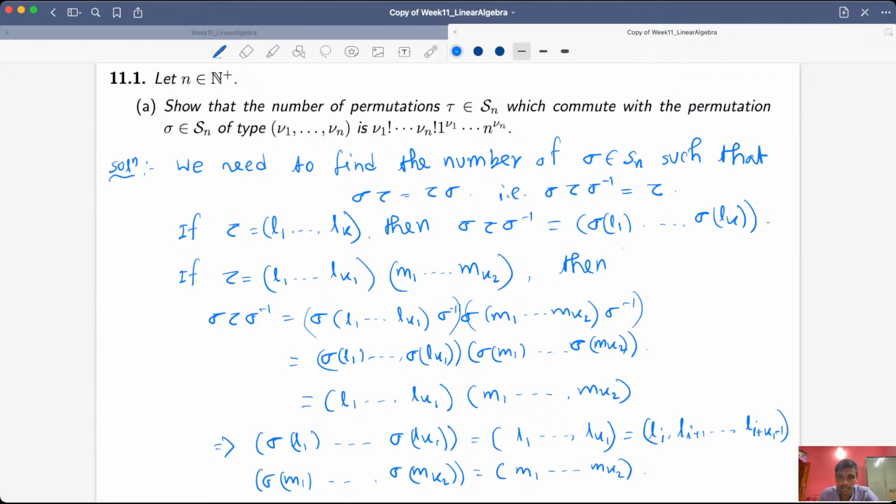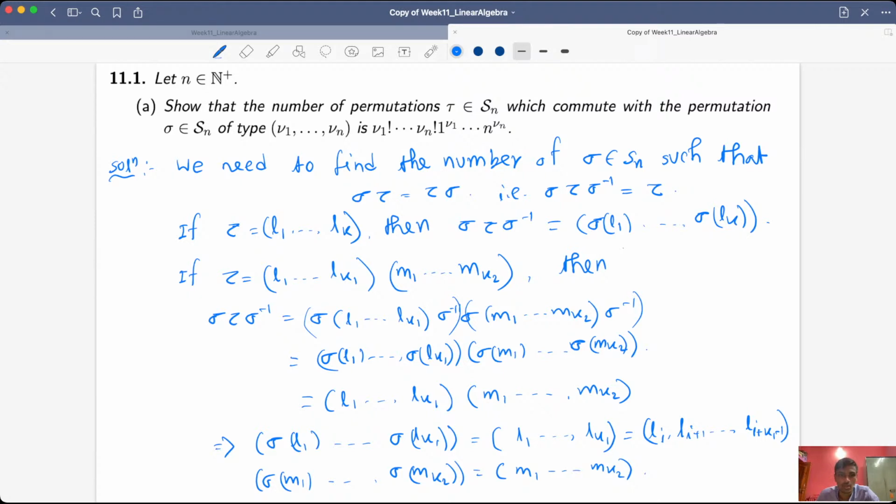So if I define sigma L1, I can define any of these things, L1, L2, up to LK1, to be sigma L1, and once I define sigma L1, the remaining things are already determined because these two cycles are the same.